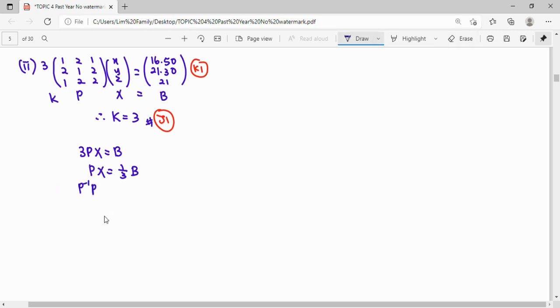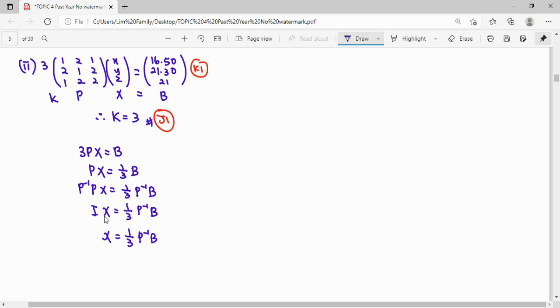When I multiply by P inverse, skipping the number, we get identity. And then identity times X gives X. So our unknown matrix is found by 1 over 3 times P inverse times B.